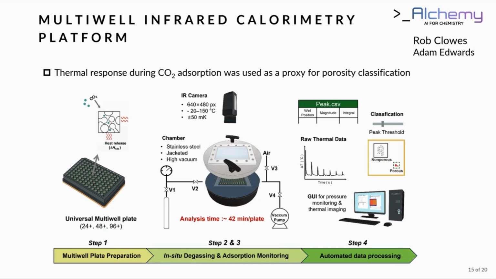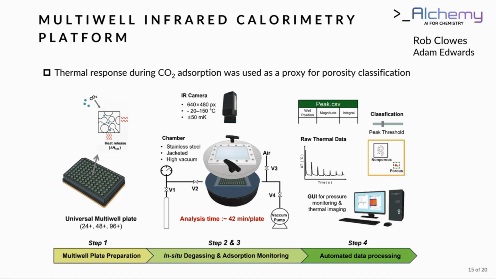colorimetry platform. We ask a similar question as before: since many porous materials are designed to absorb CO2, could we use the temperature change, or the thermal response during CO2 absorption, as a proxy for porosity? In practice, we dispense the materials onto a 96-well plate, place it in a sealed chamber, and expose it to CO2.